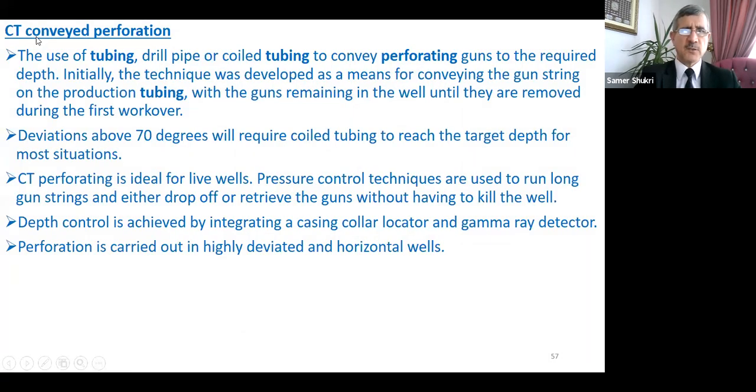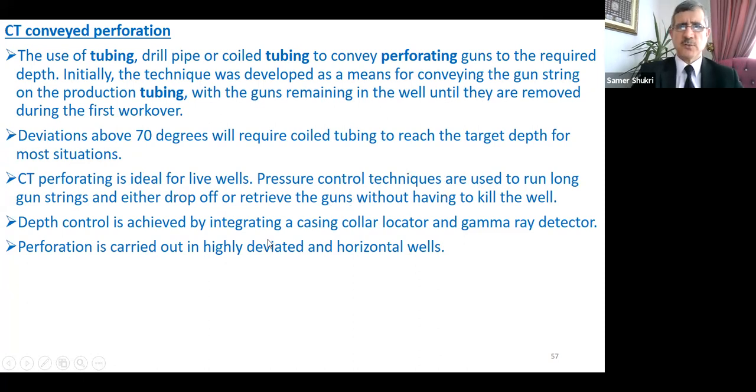We have coiled tubing conveyed perforation also, especially in horizontal wells. We run it at 70 degrees and more inclination, and for horizontal wells where the electric line cannot be run. So we can perforate either the live well or when it is killed.